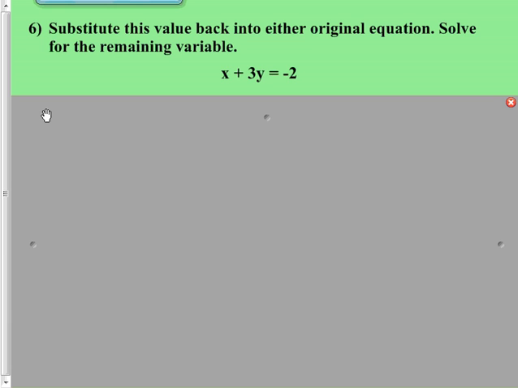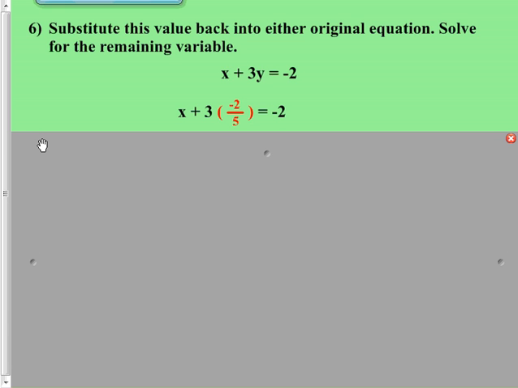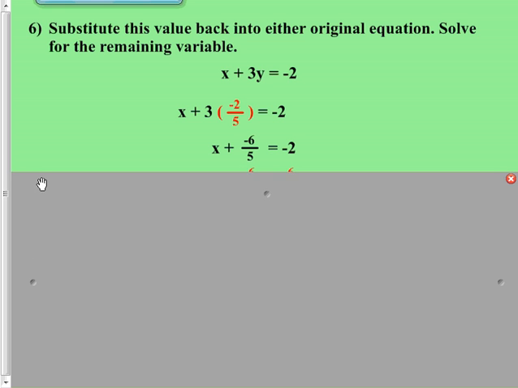Again, you can pick either equation that you want. I have selected x plus 3y equals negative 2. We plug in the y value. We have x plus 3 times negative 2/5 equals negative 2. Remember, to multiply two fractions together, we simply go straight across the numerators and straight across the denominators, and that will give us negative 6 in the numerator, 5 in the denominator.